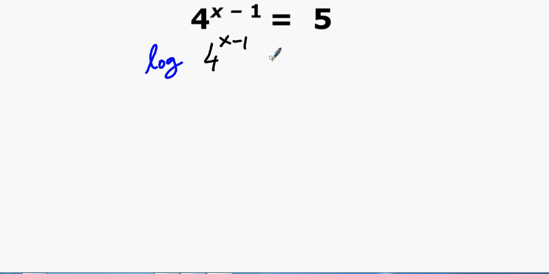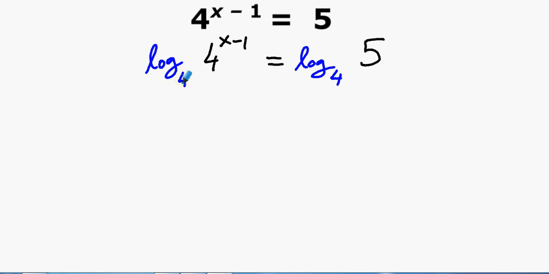4 to the x minus 1 equals 5. Now, I can choose log with base 10, but for me it's more convenient to choose base 4, because if I choose log with base 4, what happens is that I can cancel the number and the base.